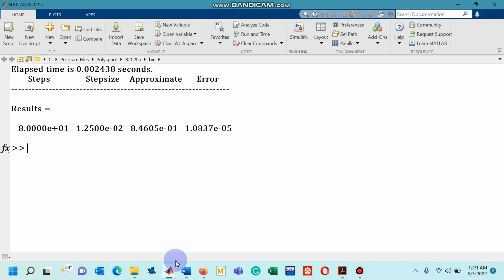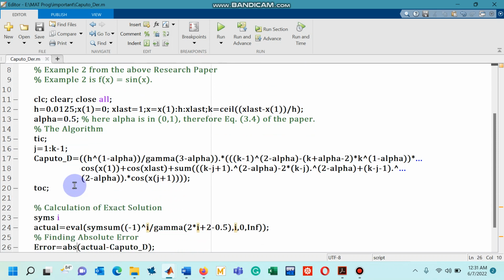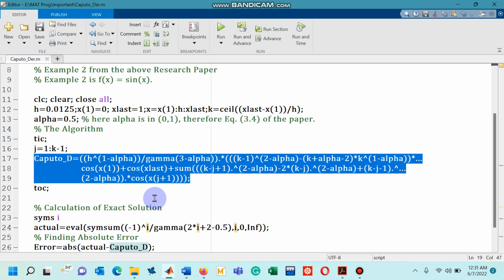So that's it. This is all about the code for the numerical Caputo fractional derivative. You can play with the code by changing the function, the step size, the domain of the function, the fractional order, and if you choose a fractional order lying between 1 and 2, you will have to change these lines of the code slightly, as the scheme in the research paper is shown for alpha that lies between 1 and 2.